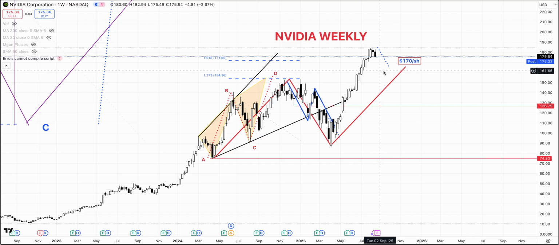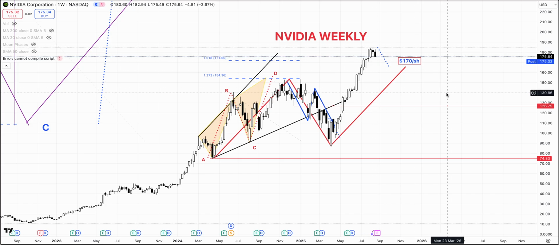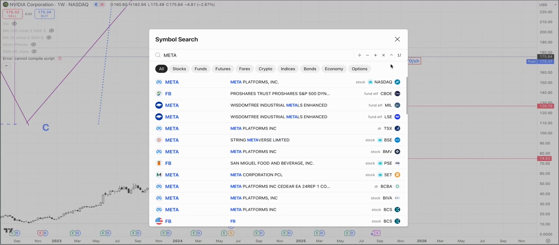So we should be watching this level in NVIDIA. The trend is strong, but it looks like it is getting ready for a digestive period, and it's just gone nowhere. You can see that in the last 3 weeks since the beginning of August, it's just sideways.